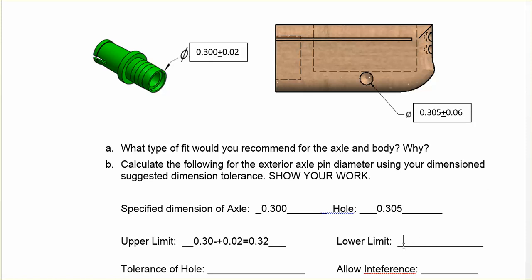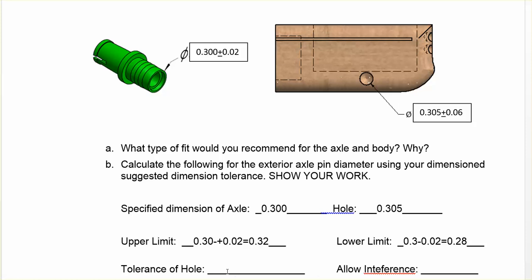Now the lower limit, we would subtract the variance from the specified dimension. So that's going to be 0.3 minus 0.02, and that's going to give us an answer then of 0.28. That's how we would find the upper and lower limit.